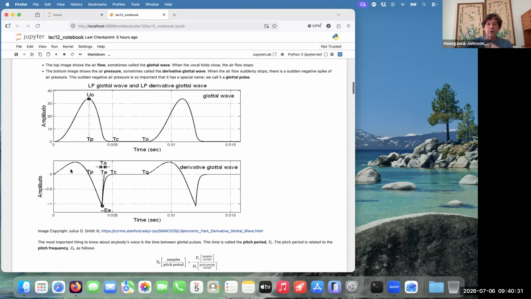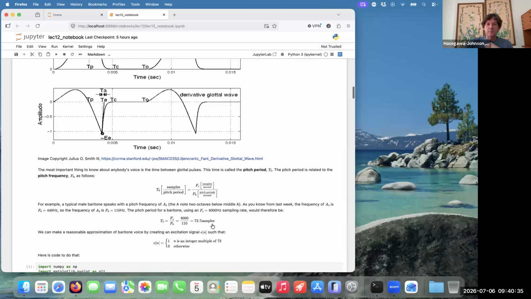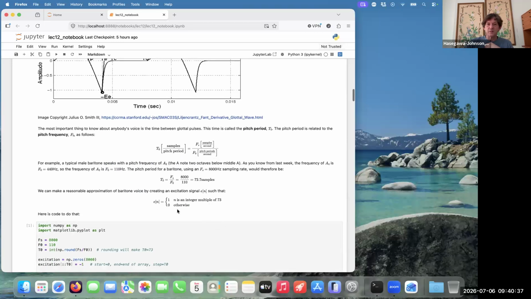And we can model this air pressure signal very simply using a function E of n, which is a 0 most of the time, and it's only a -1 if n is an integer multiple of 73. So here it's a -1, here it's a -1. In between, we'll just set it to be 0 all the time.